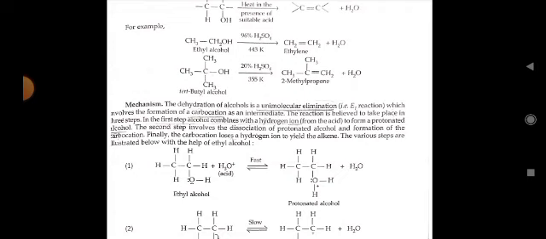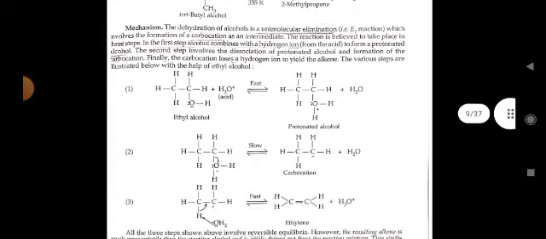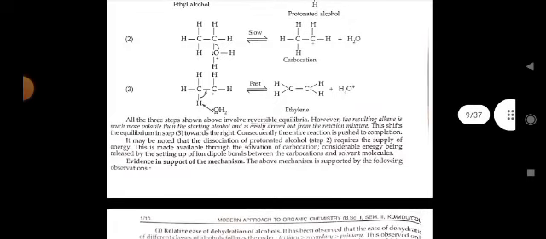Ethyl alcohol plus acid gives protonated alcohol. Now, protonated alcohol gives carbocation plus water. Now, the carbocation gives ethylene. All these three steps above involve reversible equilibria.